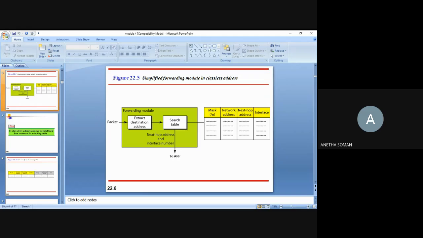So what will the administrator do? The administrator enters the route to each destination into the table, right? So you cannot update it automatically whenever you have a change in the internet. So suppose something happens, you are not finding the route, or a link fails.